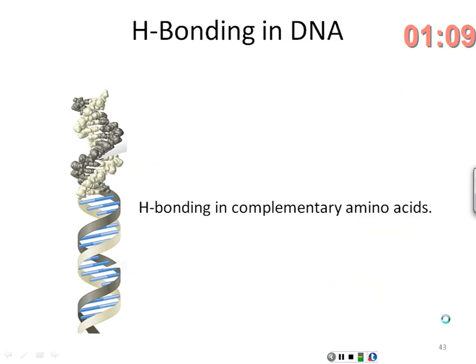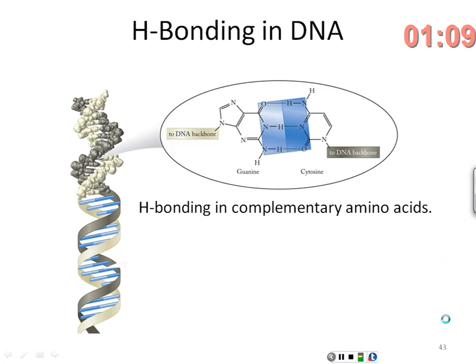Hydrogen bonds are very important in biology, and one of the main examples of a hydrogen bond in biology is that of DNA. The reason there are complementary bases and that they come together and form the double helix is that the complementary bases actually hydrogen bond with one another.